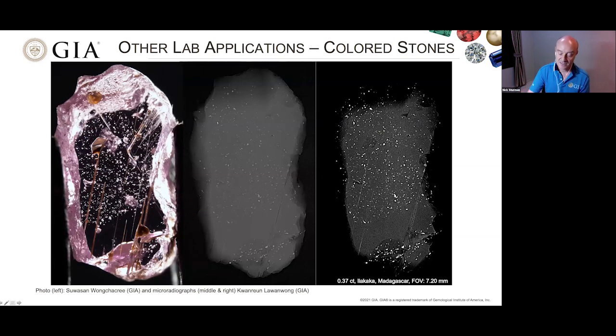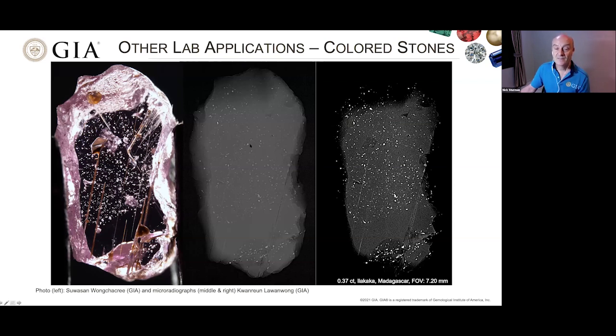Also, this is something which is quite interesting, because we know that when we look at inclusions within stones, we can get an idea from the crystallography of inclusions, or the difference in the refractive indices of the host material to the crystals, as to maybe some idea of what the crystals could be, their identity. But in this particular stone, I decided that it would be interesting to X-ray it.